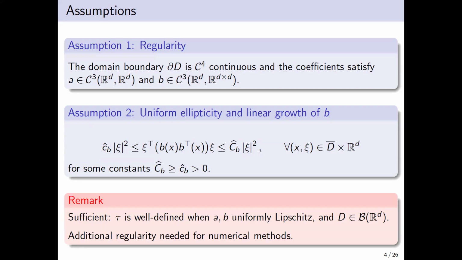The way it is used is that I can associate this exit time problem to a Feynman-Kac PDE, and in that PDE you get more regularity if you have this uniform ellipticity. We actually need that regularity to obtain convergence rates. I'm not going to explain this in detail in the talk. For well-posedness of the exact problem, you need a lot less regularity. All the things I mentioned here are just to get the correct rates with my numerical method.